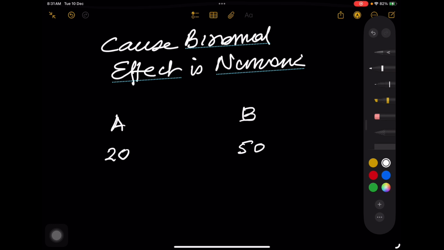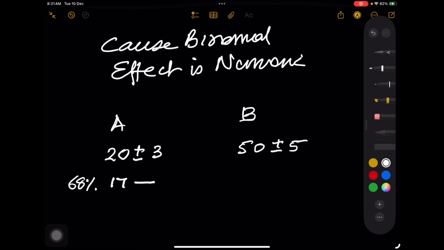And of course you will have plus minus standard deviation. So let us say standard deviation here is 3 and standard deviation here is 5. So 68% confidence interval will be plus minus 1 standard deviation. So from 17 to 23.